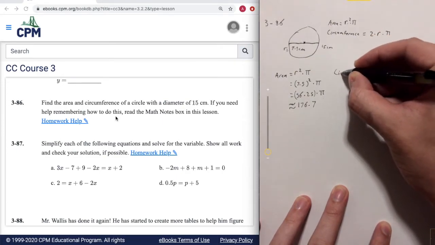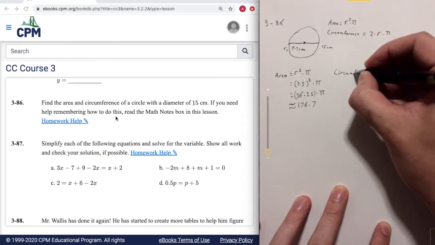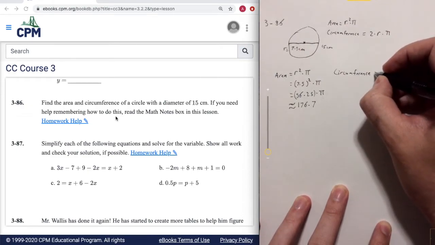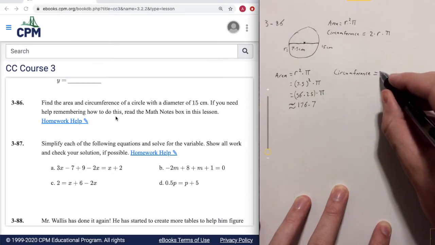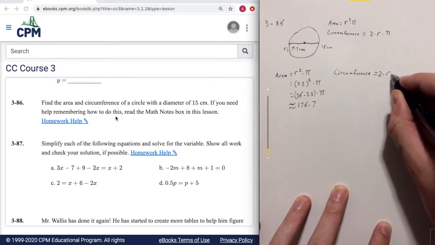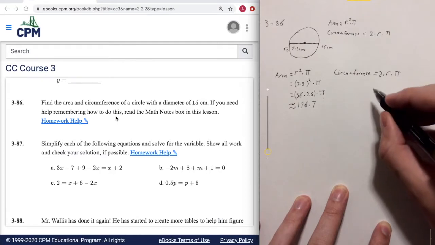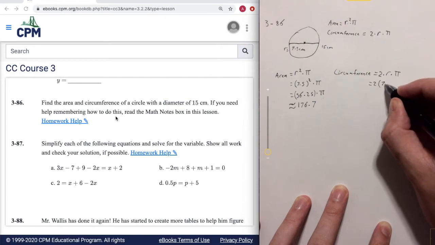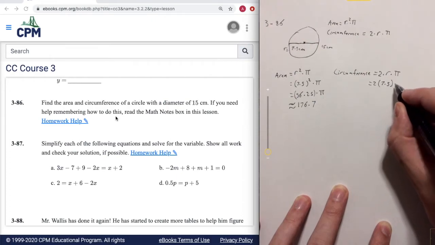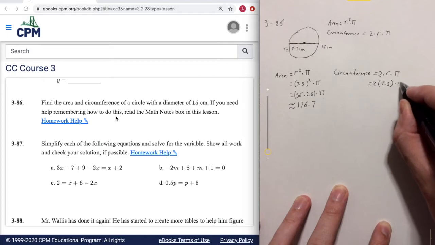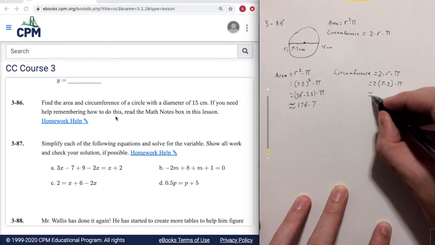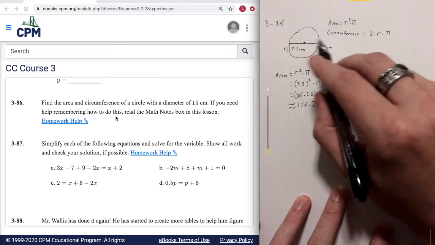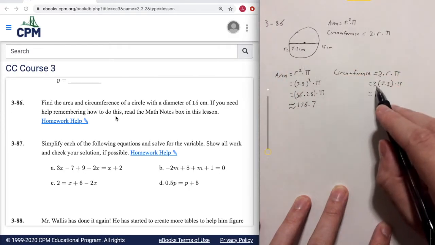Now let's do the circumference. Once again that equals 2 times r times pi. So we can plug in r again and get 2 times 7.5 times pi. 2 times 7.5 is 15, because we halved the diameter to get 7.5, and now we're multiplying it by 2.